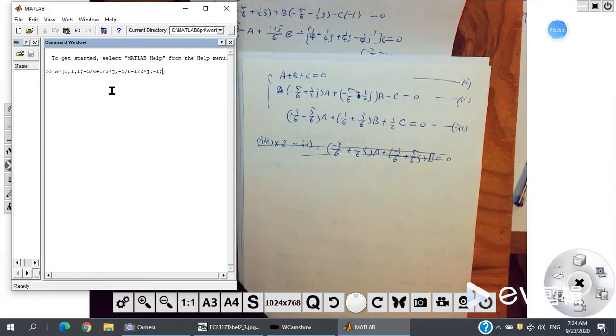And the last row, I have 1/6 minus j/6, and the second coefficient is 1/6 plus j/6. And the last coefficient is 1/2.